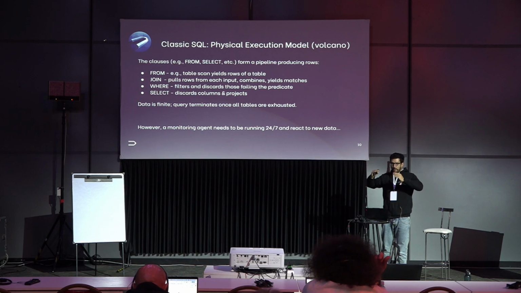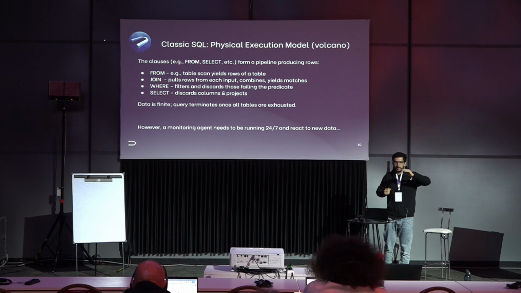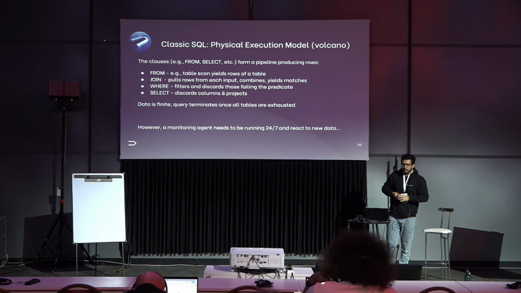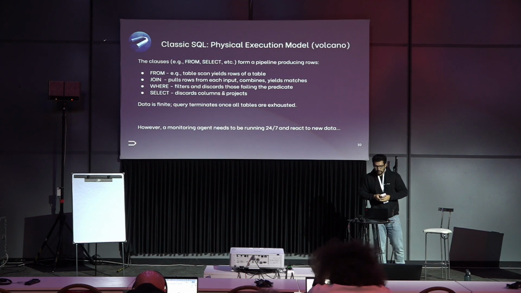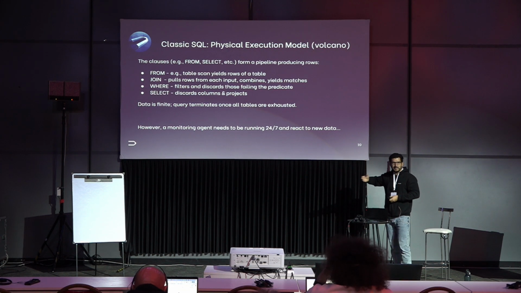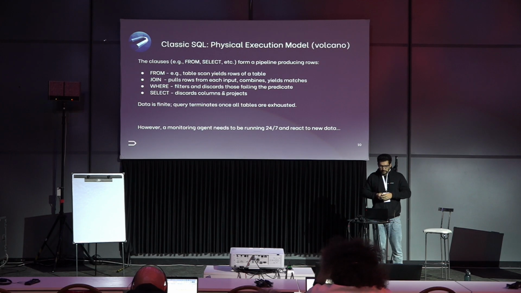Then you've got the WHERE, which filters, okay? And if you notice, these things form a pipeline. And that's exactly the way a modern SQL implementation will execute this. So sometimes this pipeline is called the volcano model. It's basically an iterator model. And so on and so forth.